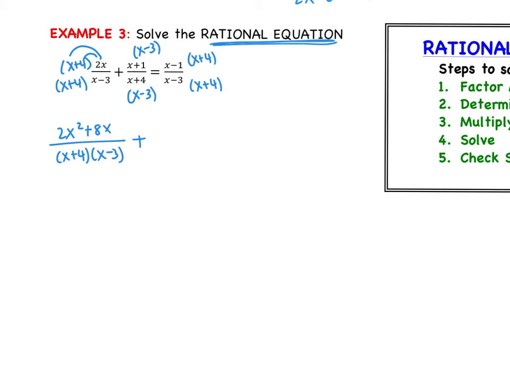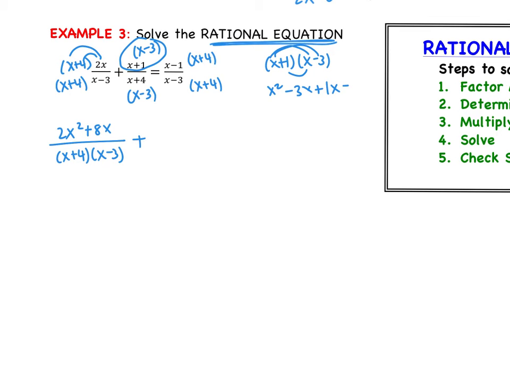The second one, I have to multiply x plus 1 and x minus 3. So I have to multiply these two. I'm going to do it over here. X and x is going to give me x squared. X times negative 3 gives me a negative 3x.